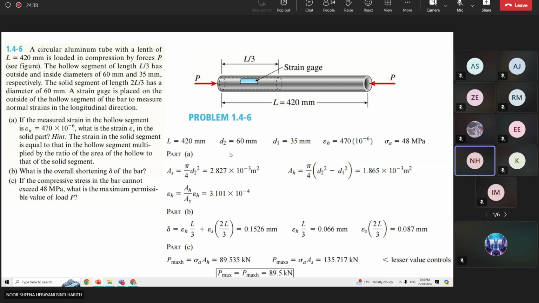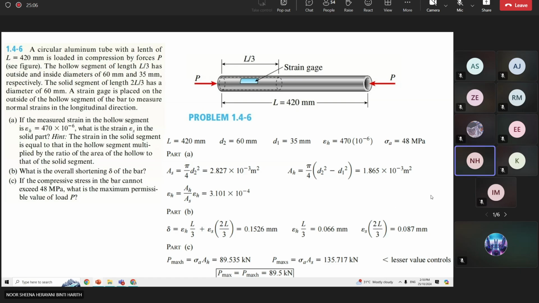The L value is already given, right? 420 is here, and this 2L is coming from here. So all the values are already given, and you just put in the values already calculated. So the total shortening for this hollow and solid bar equals 0.1526 millimeter.